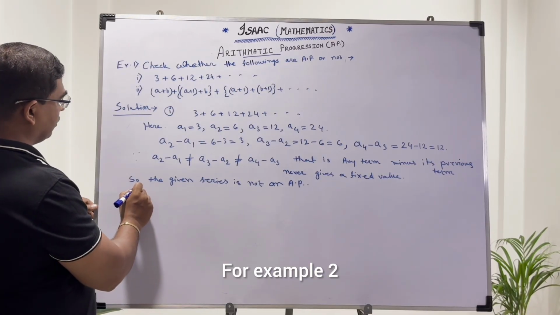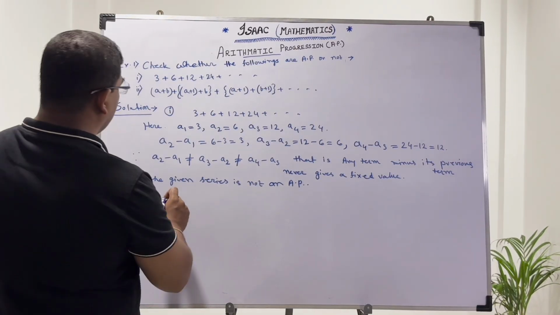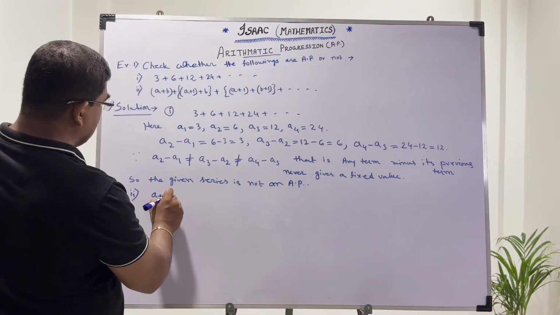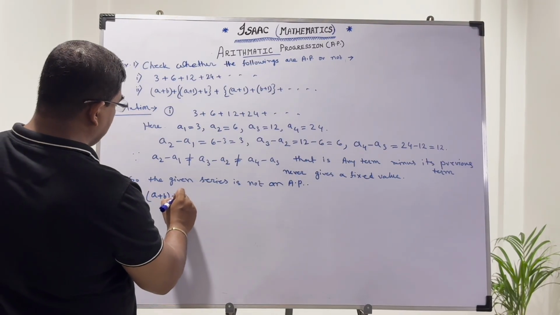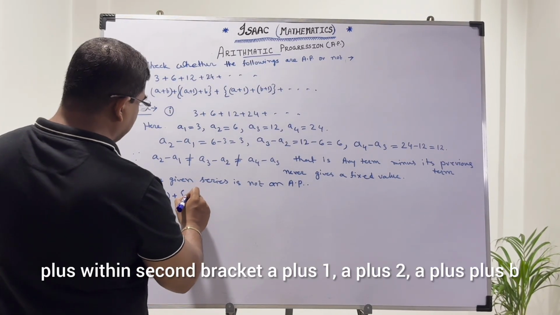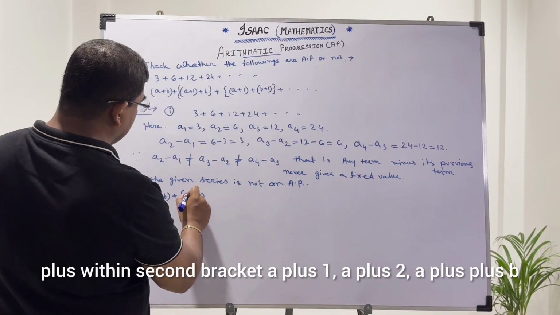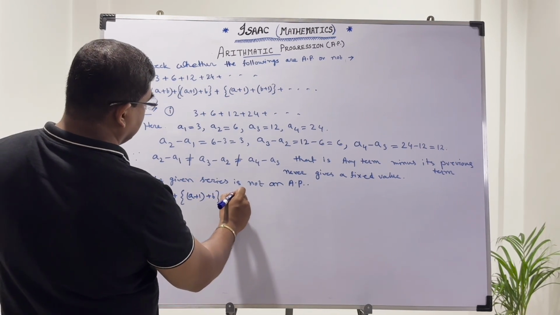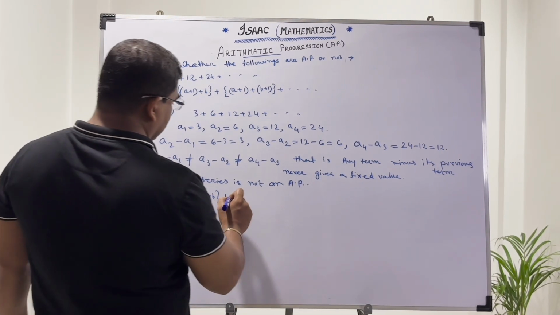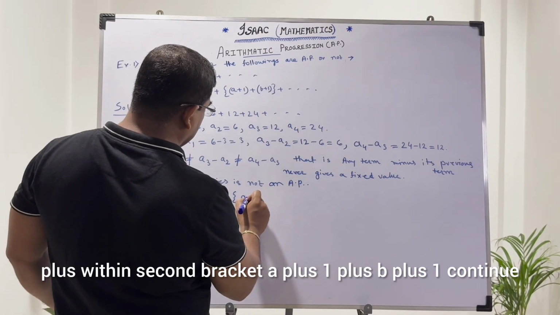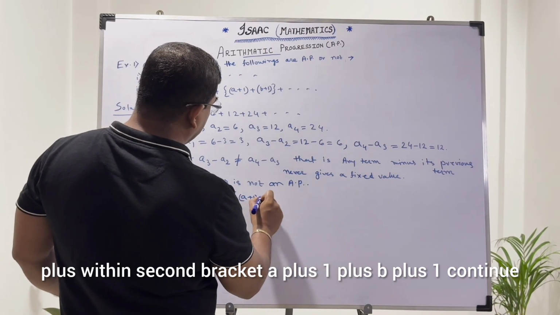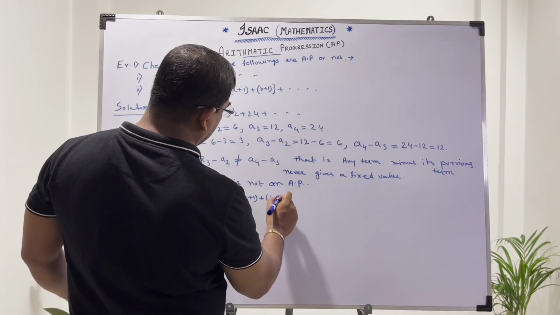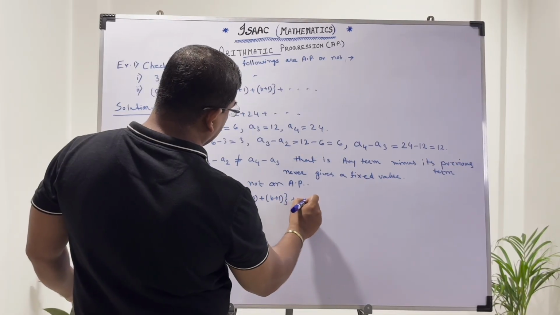For example 2, we have A plus B plus, within second bracket, A plus 1 plus B plus, within second bracket, A plus 1 plus B plus 1, and so on.